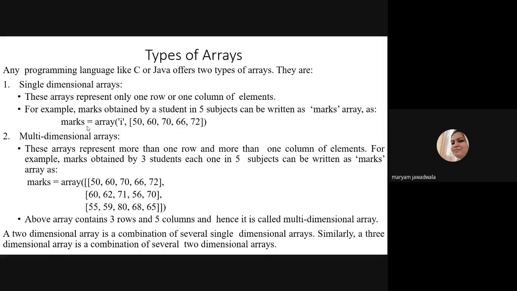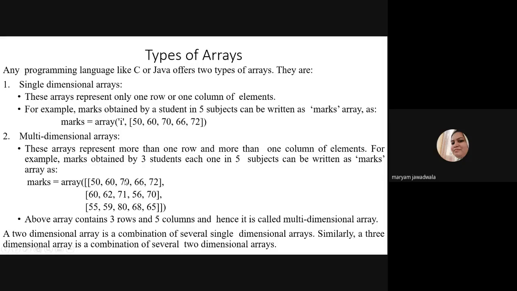Now the next one is multi-dimensional array. A multi-dimensional array is nothing but an array with more than one row and more than one column. For example, marks obtained by 3 students, each in 5 subjects, can be written in a marks array as follows. Here I declare one array.